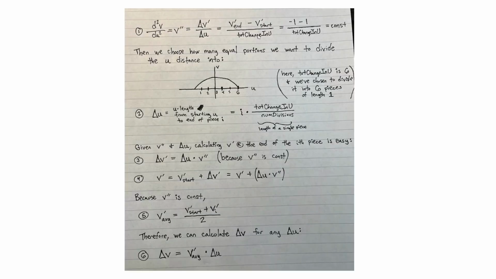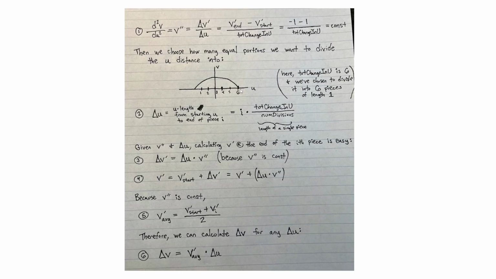So essentially, since we're dealing with a parabola, the second derivative is constant. So let's say we divide the U distance we travel, and we get to pick that. In the code, I call it total change in U, but you get to vary that however you want, and that kind of controls the size of the splay.